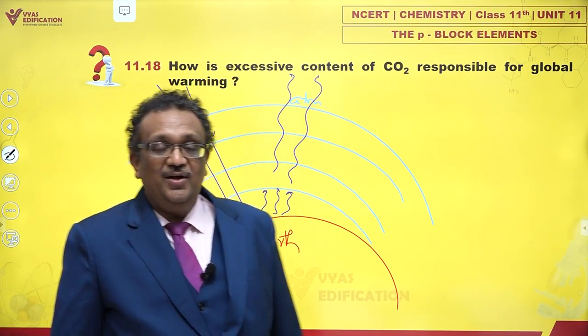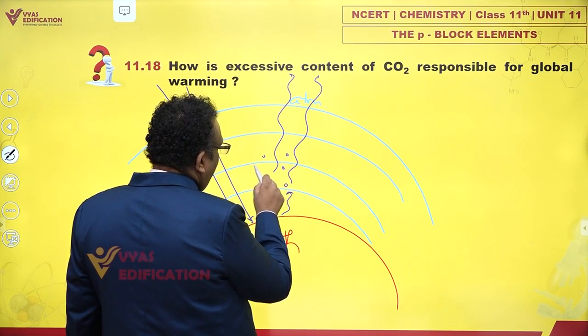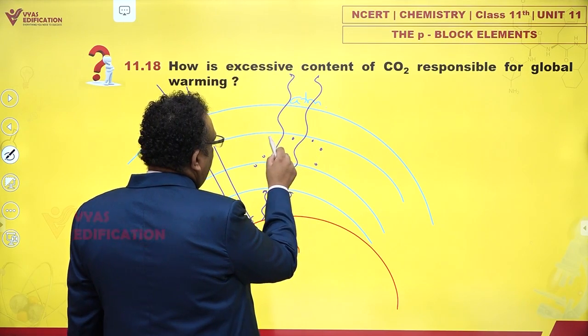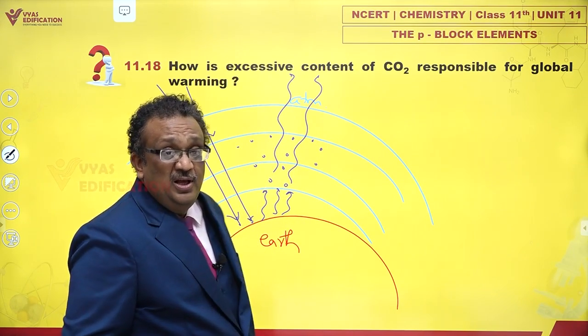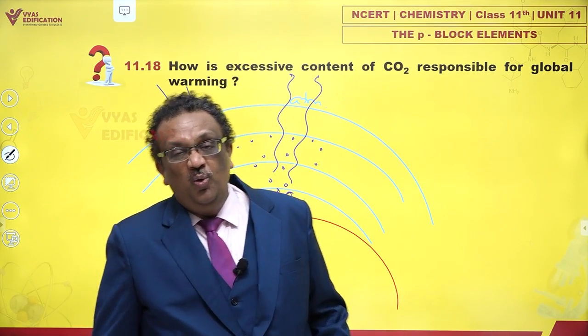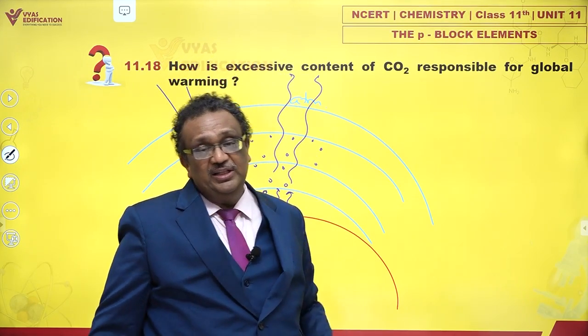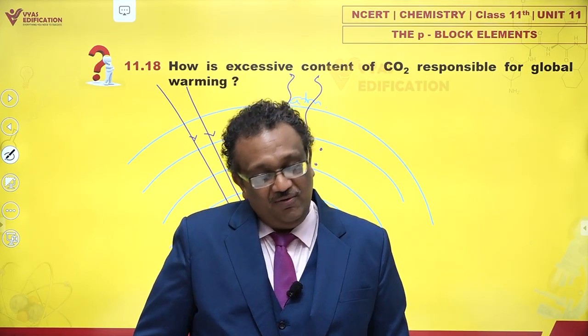But do you understand that the atmosphere is also comprised of various molecules of air? Most of it is O2 and N2. Part of this heat is absorbed by O2 and N2, and they do not allow this heat to escape out into the vacuum, or space.